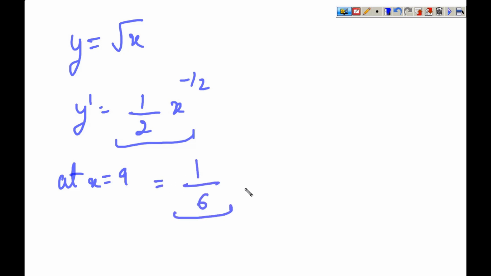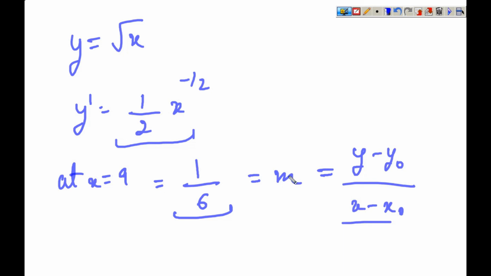So this is the slope of the tangent line, or I can call it m, or this is also y minus y naught by x minus x naught. Let me show you how. So the equation of a line is given as y minus y naught, initial points, equals m of x minus x naught plus c.